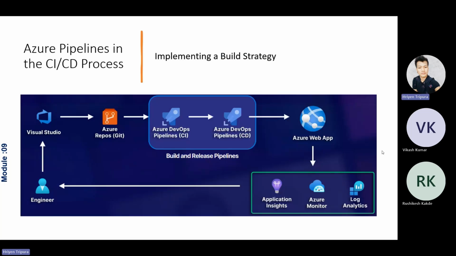So here in my case, as you can see, this person is working here. He pushed the code to his Git, which is Azure Repos, using CI. He did everything here: he planned, coded, built and tested.